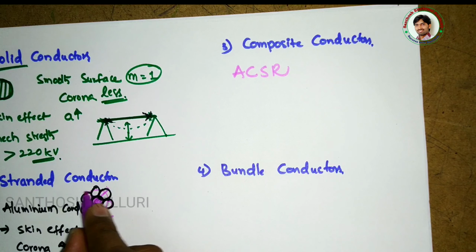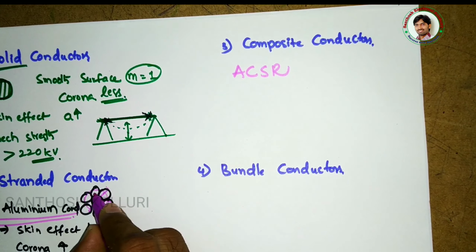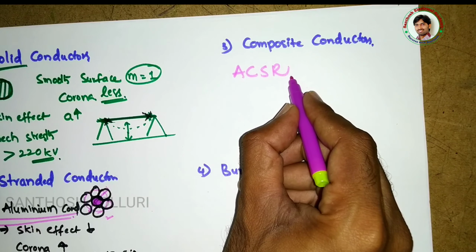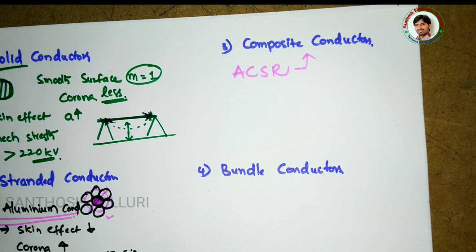In this case, all aluminum conductors are placed. If you replace the central conductor with steel, then aluminum core steel reinforced conductors can be called composite conductors. To improve the tensile strength of these conductors, steel is inserted in these conductors.